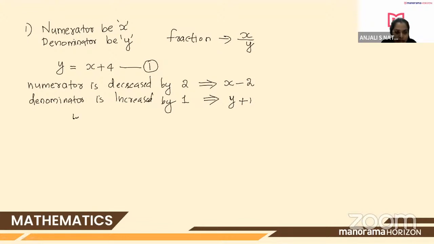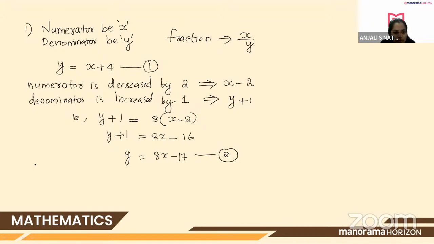So that is y plus 1 is equal to 8 into x minus 2. We can simplify this to 8x minus 16, and here y is equal to 8x minus 17. So this is equation 2.